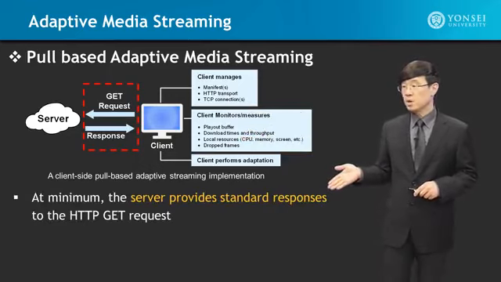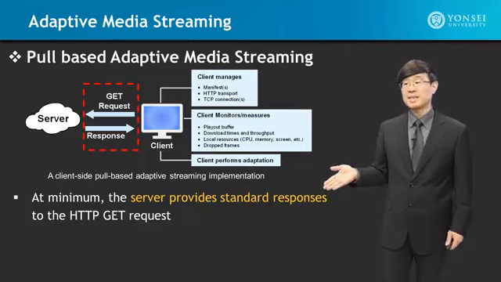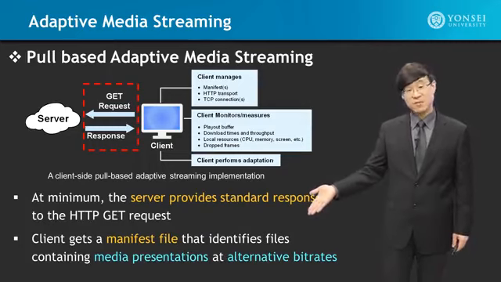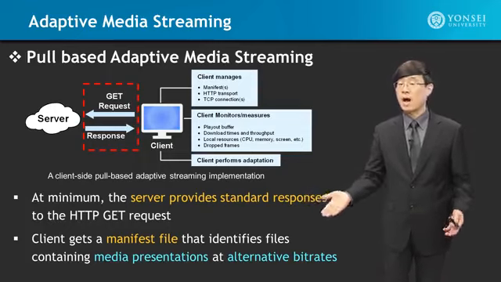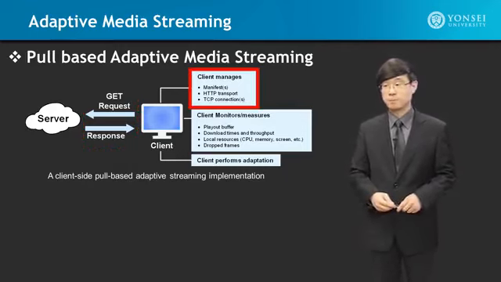At minimum, the server provides standard responses to the HTTP GET request, meaning that it can provide at least the standard responses or it can provide more information. The client gets a manifest file that identifies the overall media presentation and alternative bit rates. These alternative bit rates are for higher resolution or lower resolution video and audio.